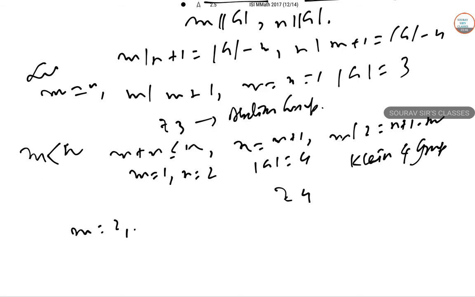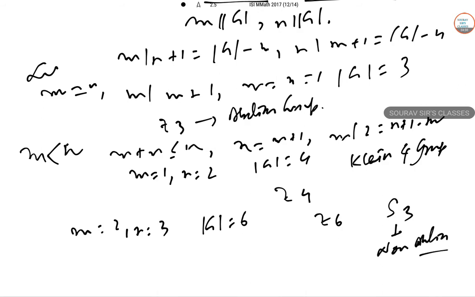And if m equals 2 and n equals 3, then |G| equals 6. There are 2 groups of order 6: an abelian group Z6 and a non-abelian group S3, the permutations of 3 elements.